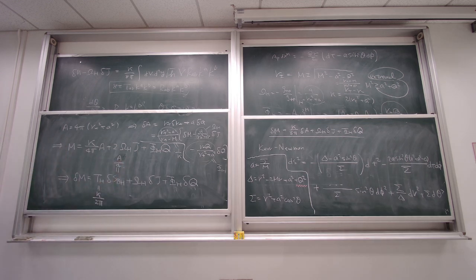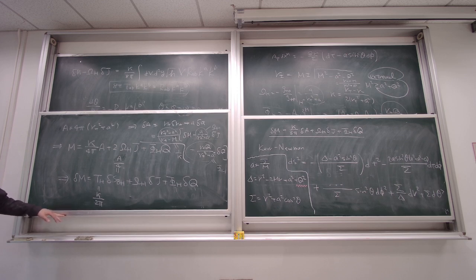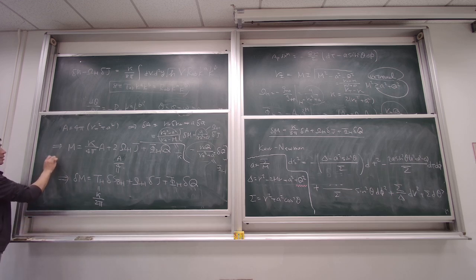Okay, so that's the explicit derivation. You just need to do all the calculation by using quantities of Kerr-Newman, and then you can derive this formula. This is called the Smarr formula somehow.